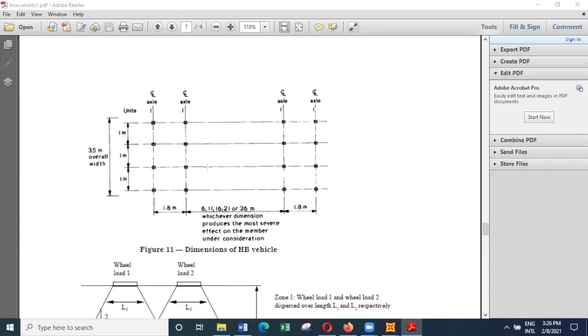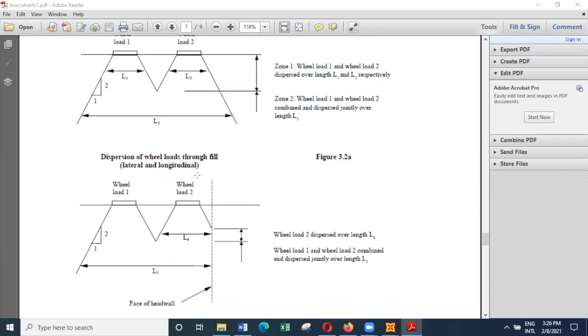Because if the fill is thick, for UDL you get considerable distribution, and because of that reason, if the fill is thick, then we use only this type of loading. So if the fill height is more than 0.6 meters, we have to consider only this B type loading.